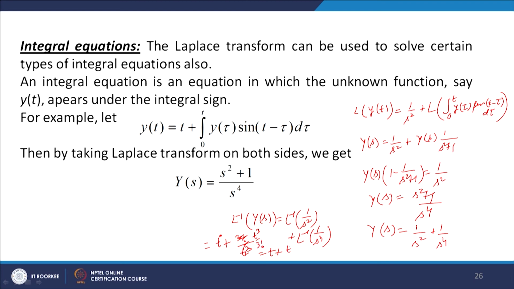So, t plus t cube by 6, because Laplace transform of t to the power n is n factorial upon s to the power n plus 1 if n is a positive integer. So, inverse Laplace transform of 1 over s to the power 4 will be t cube by 3 factorial.